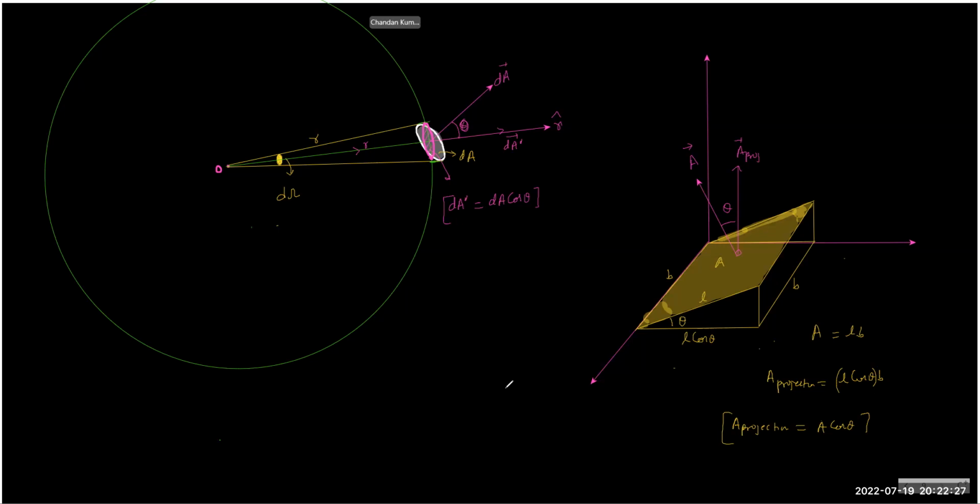But the moment you get dA dash, it is part of the sphere, and we know the answer for solid angle in terms of that. So what is d omega? dA dash by r square, if you remember. And therefore this turns into the formula dA cos theta, the actual area of the surface, upon r square.